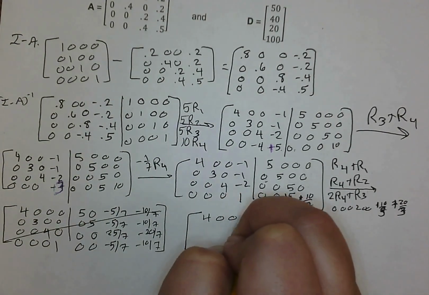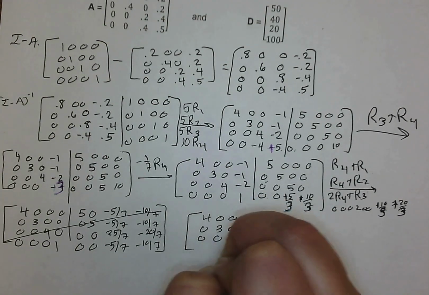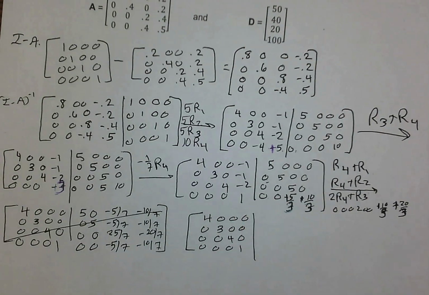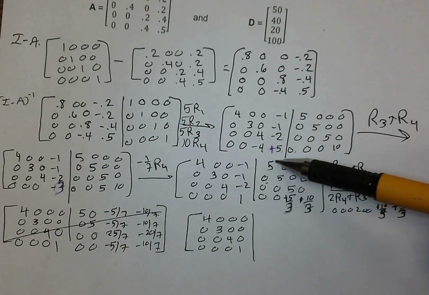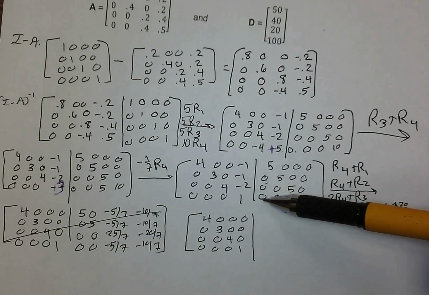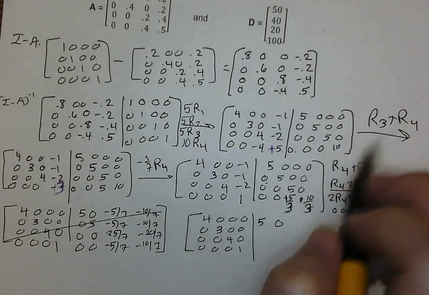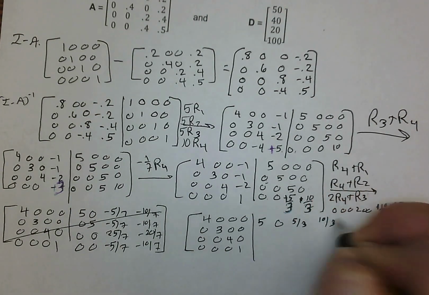I know that the left side won't change here. The right side is what's going to change, because when I add row 4 to row 1, 5, 0, 5/3, 10/3.